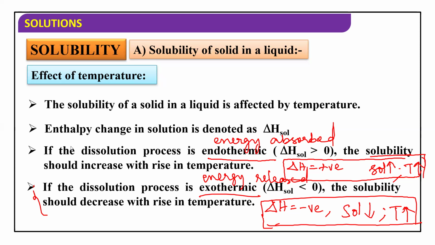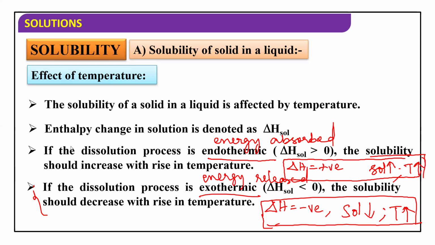It cannot be equal to 0. It can either be positive or negative, for endothermic and exothermic processes. Only for ideal solutions, delta H will be equal to 0. All the solutions we are discussing here are non-ideal only.